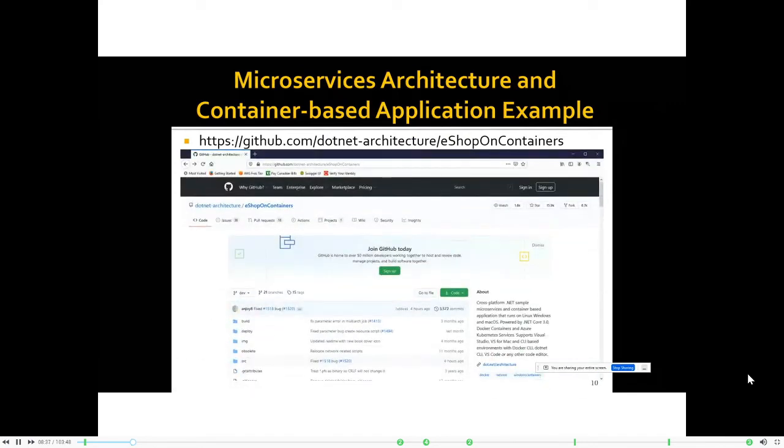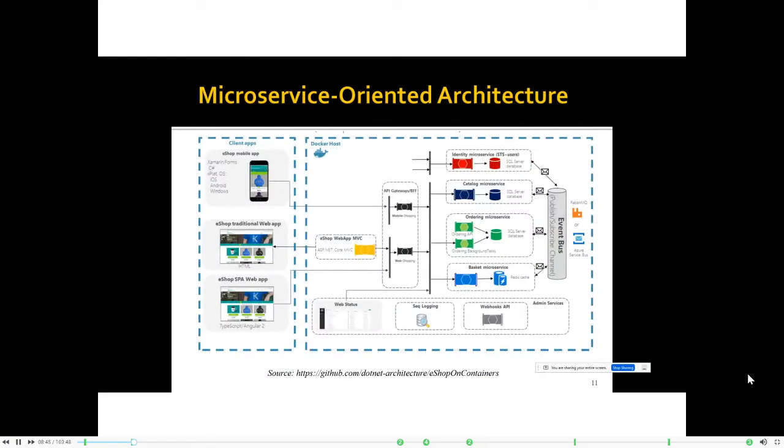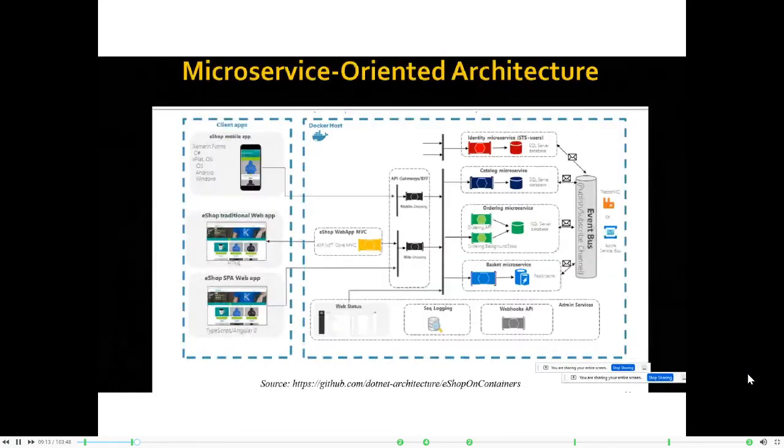It's talking about eShopOnContainers, but I'm not talking about the container stuff. Right now I'd just like to use this example to demonstrate how one application is composed of different independent components. Let's take a look here, a very simple example.